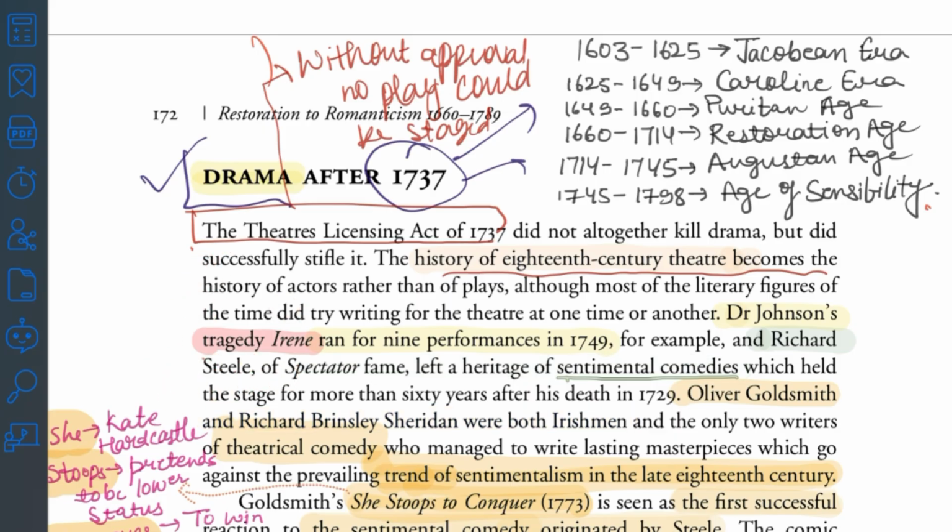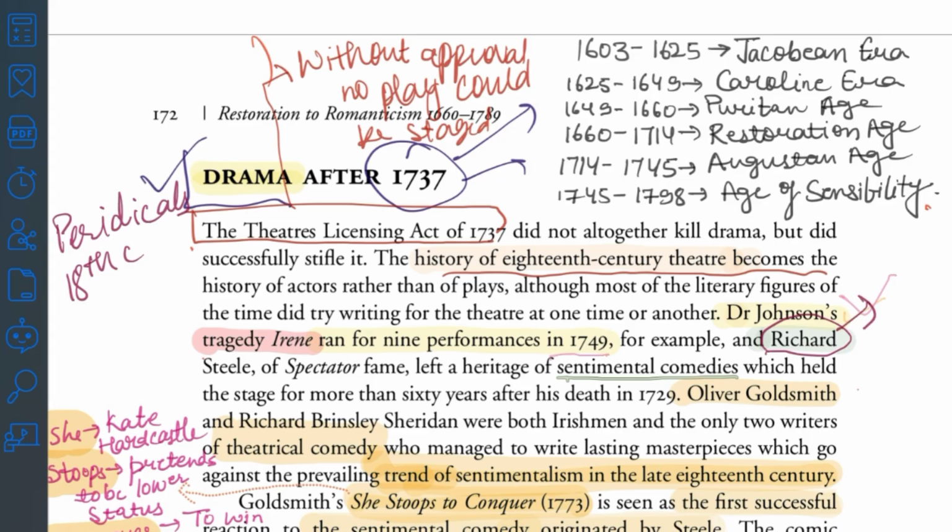Moving forward, for example, Richard Steele, Spectator. Another important fact, Spectator. What could the examiner ask about this? You can get questions on periodicals of the 18th century. If I talk about Richard Steele, he was the first person to start the major periodical essays.